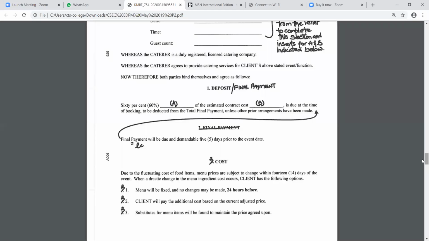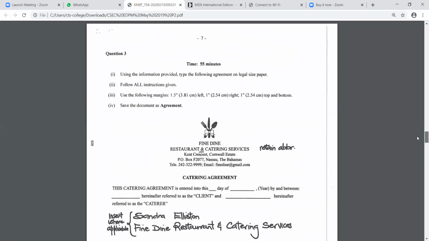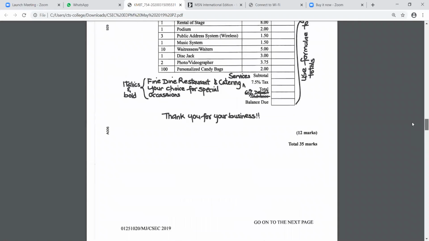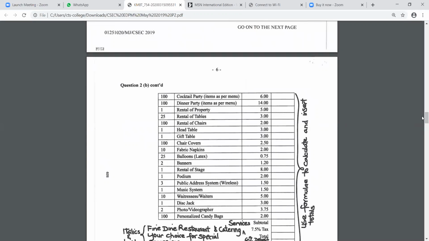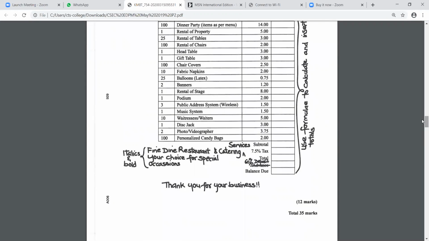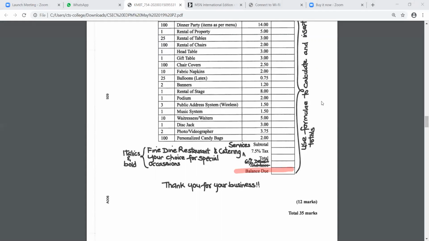Can we go to question 2B? Stop. Go down. Am I seeing 60% there, guys? Yes? Okay, good.